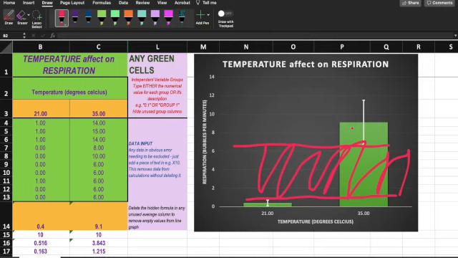Temperature did have an effect on respiration. Okay? Because there is no overlapping of the error bars, and there's a large distance between the top of one error bar and the bottom of the next.